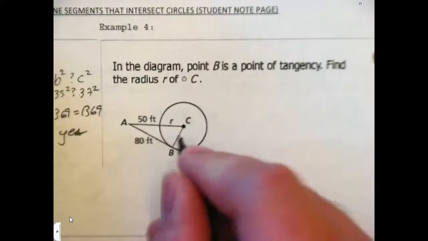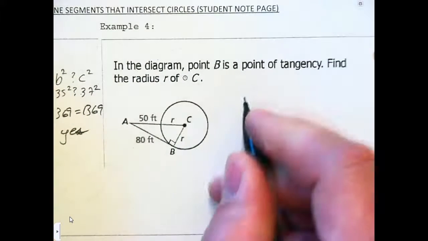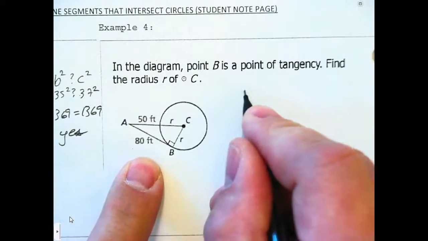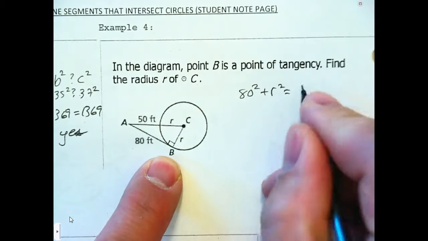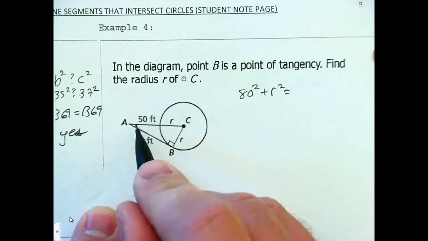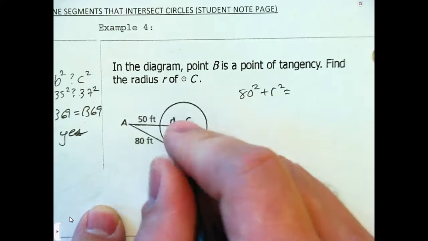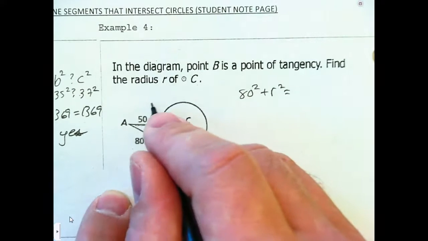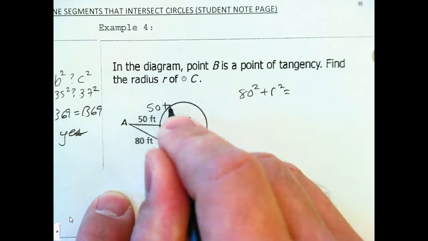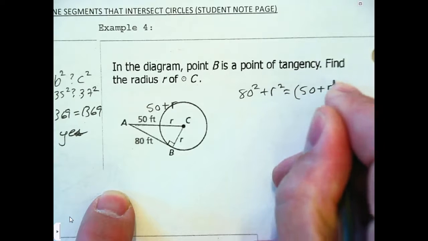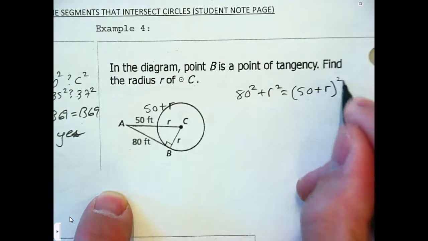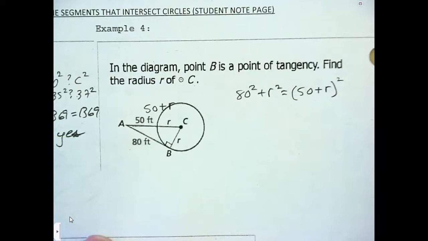All right, using the Pythagorean theorem, because it's a right angle, you'd have 80 squared plus r squared is equal to, what's this side length? Yeah, it's 50 plus r, right? So we'd have 50 plus r squared. Well, good thing in our warm-up today we reviewed how to multiply that, right?